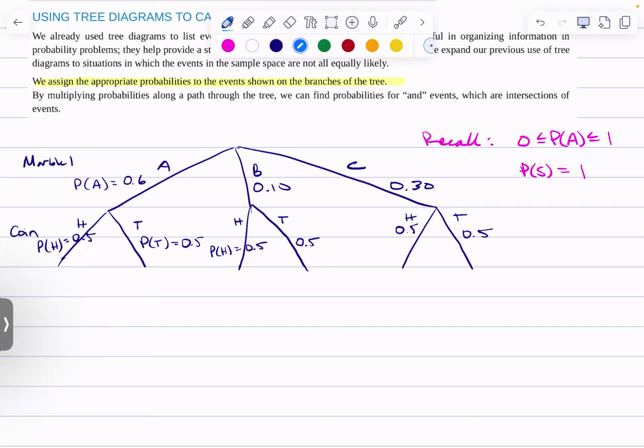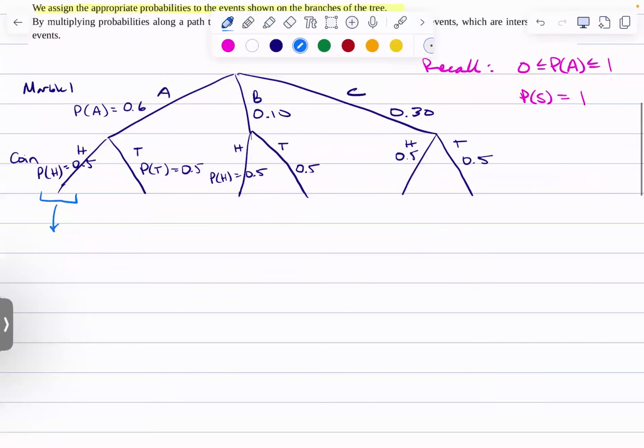At the end of each of these branches, you can read this as A and H. So this is A and H.